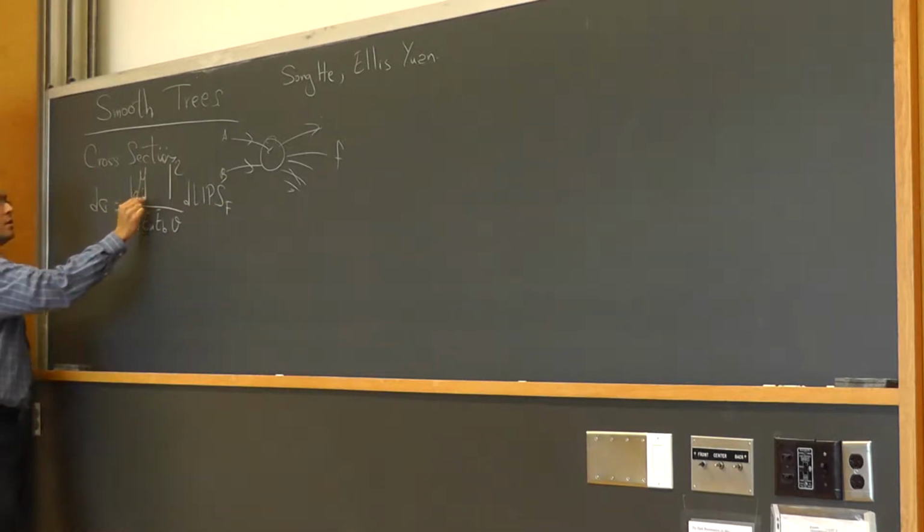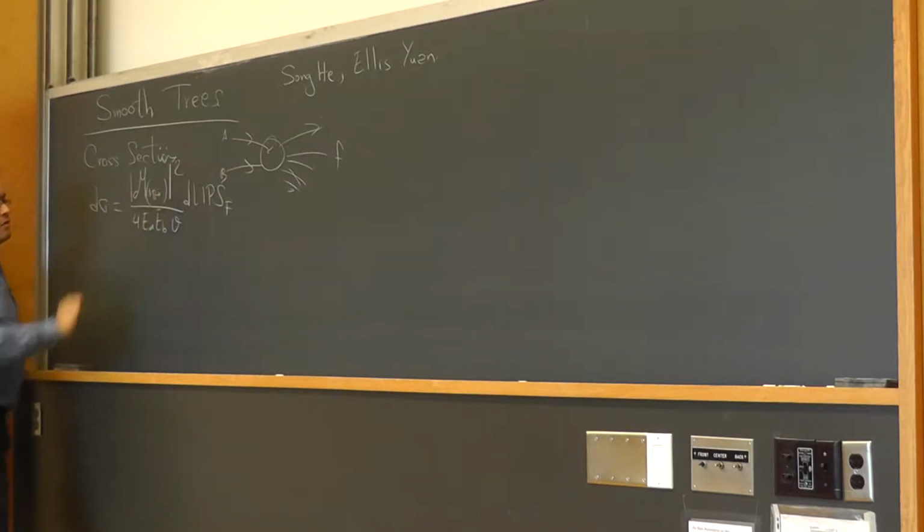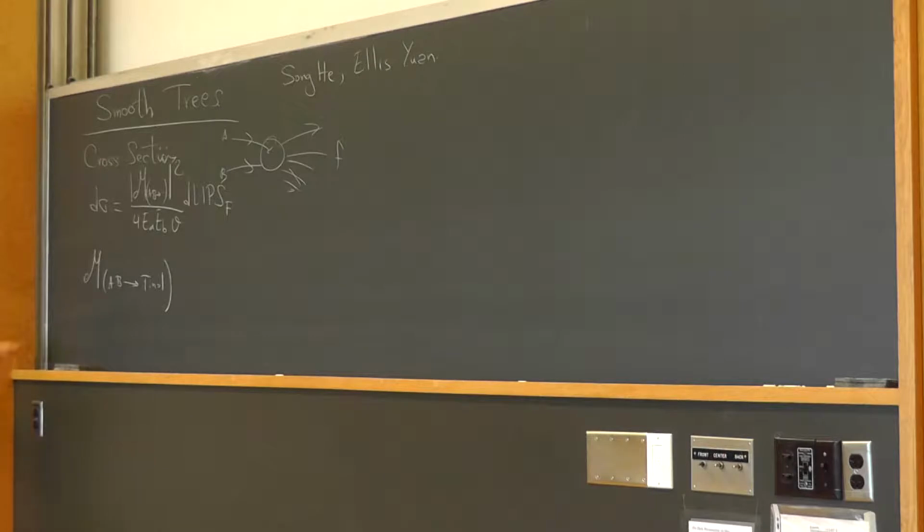Okay? So this object here, of AB going to the final states, is the object we want to compute today. So this is going to be the main object of interest for today.